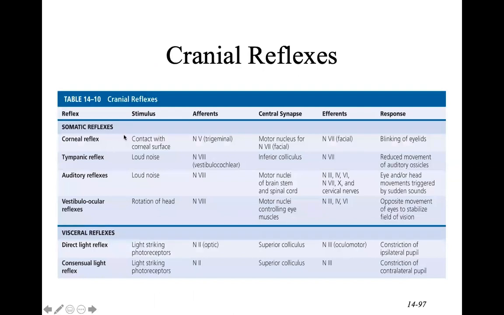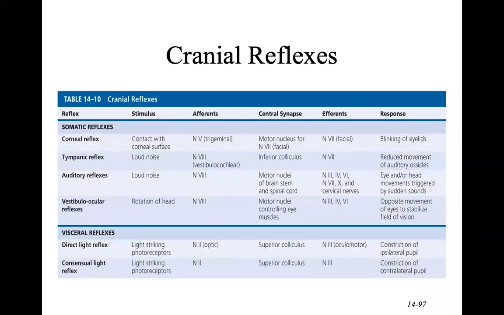In terms of reflexes, the corneal reflex, this is what happens when something touches your eye and your eye blinks, right? If a bug goes in your eye or an eyelash and your eye closes, that's the corneal reflex. The fifth cranial nerve, which is the trigeminal nerve, remember that is sensory. There's the ophthalmic, maxillary, and mandibular branch. So the corneal reflex picks up sensation to the eye.